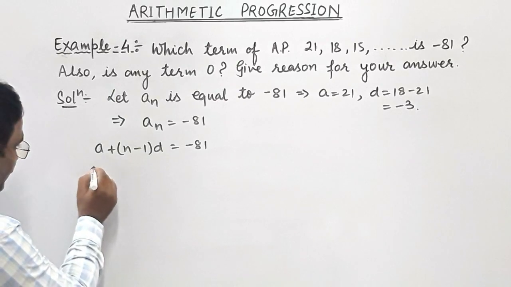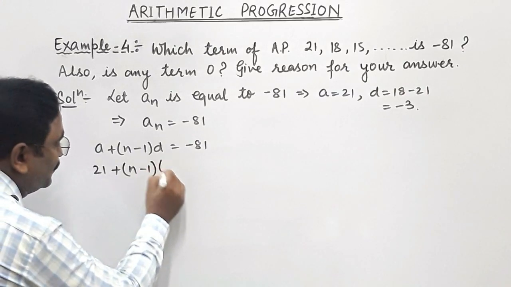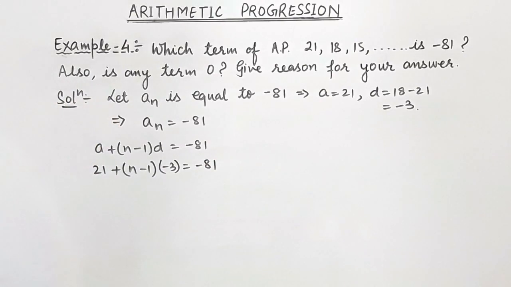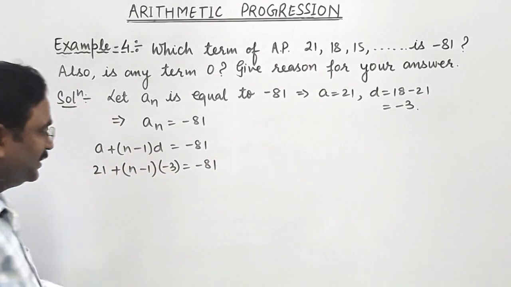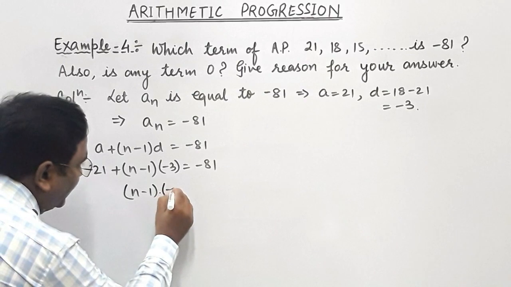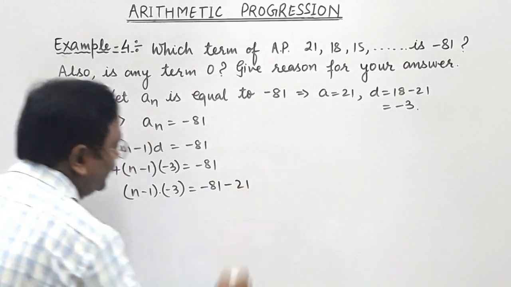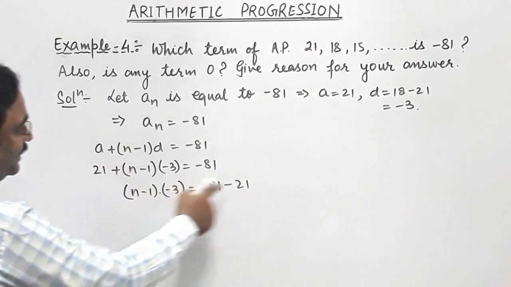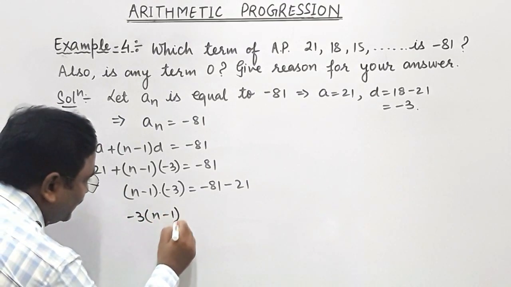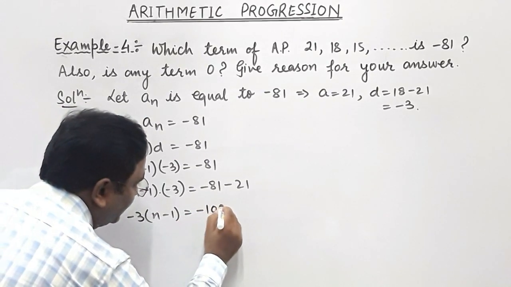So a equals 21 plus (n minus 1) into d, where d equals minus 3, equals minus 81. Right? Now transpose this 21 to the right side. You will get (n minus 1) into minus 3 equals minus 81 minus 21. It was positive here, there it becomes negative. Now you got minus 3 into (n minus 1) equals minus 102.